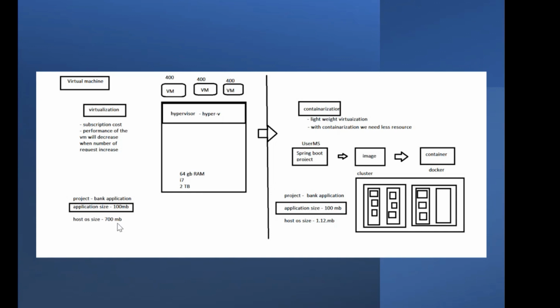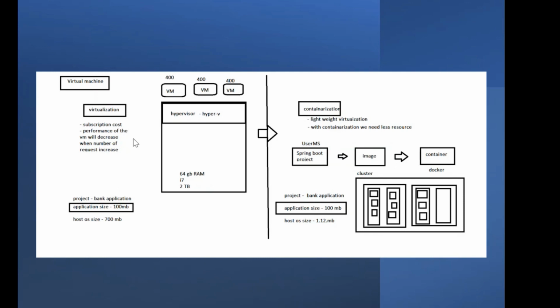So the host operating system size is 700 MB, where you have the server, and the application size is 100 MB. That we do, right? You deploy your component as a jar inside the server, start the server, and the application is running.